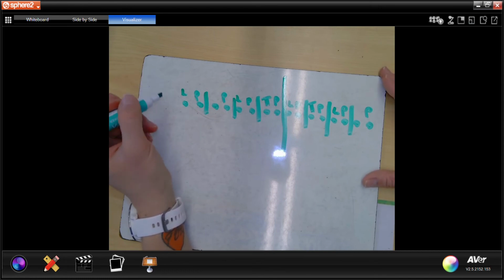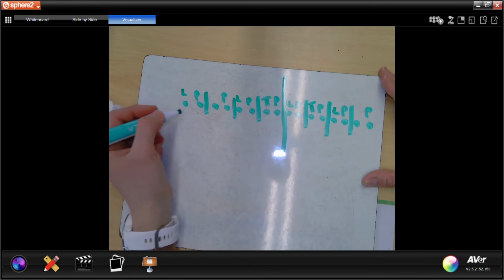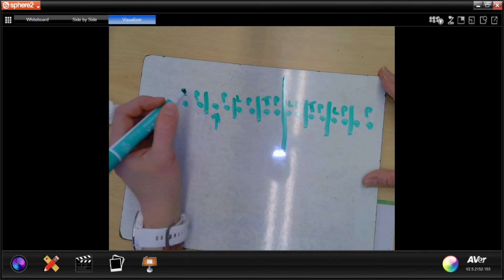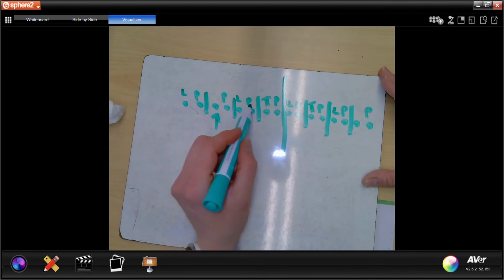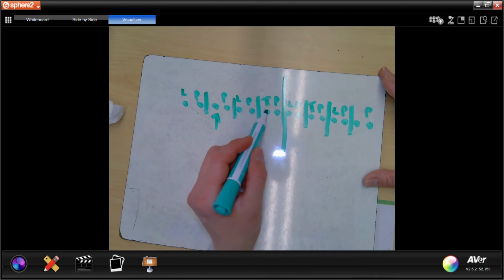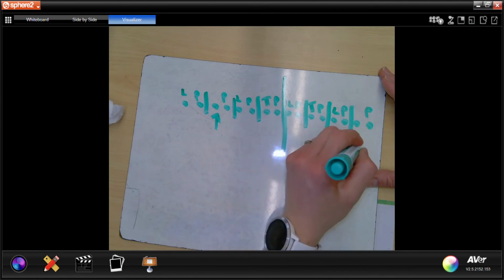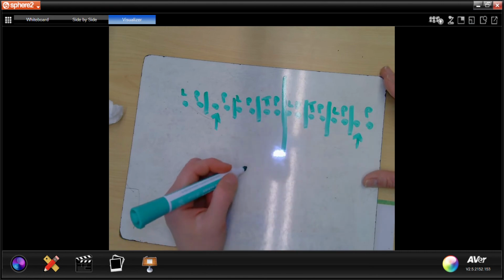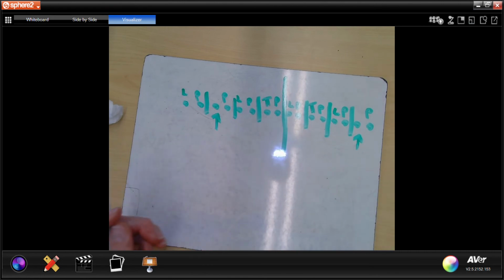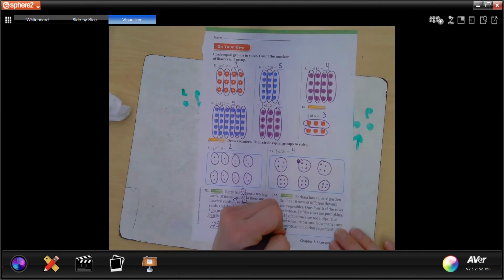Well, how many rows do we have left that are not labeled? Lettuce, pumpkin, tulip, pumpkin, lettuce, pumpkin, tulip, pumpkin, lettuce, pumpkin. 2. So 2 rows of carrots.